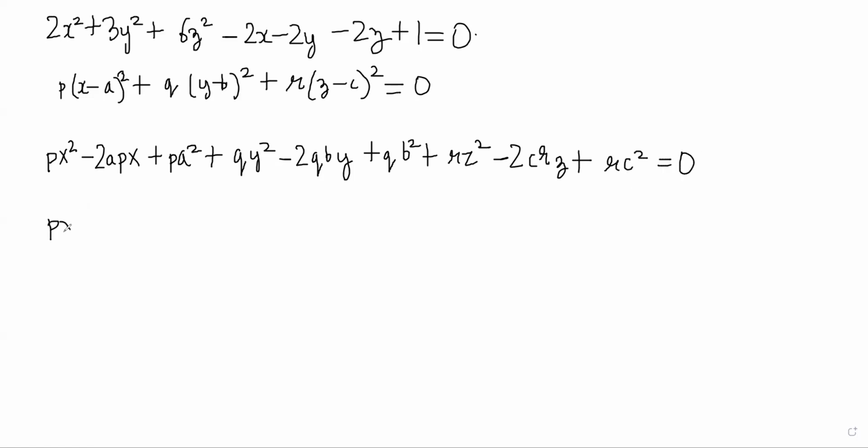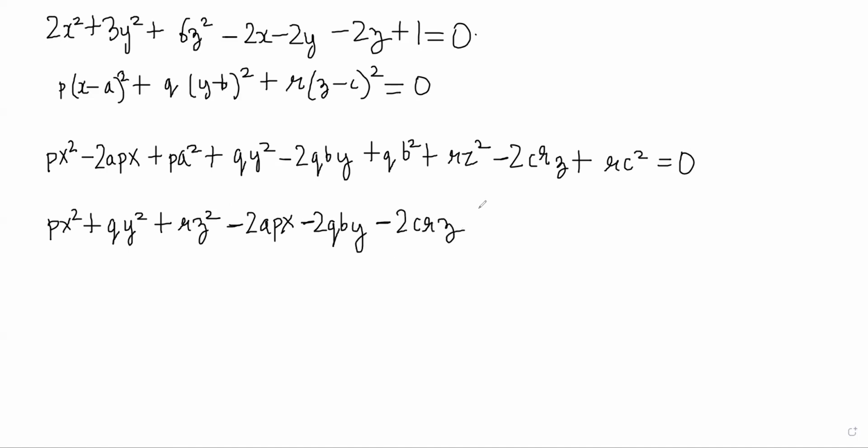So I have a px square plus qy square plus rz square situation here. And then I have minus 2apx minus 2qby minus 2crz. And I have plus pa square plus qb square plus rc square is equal to 0.